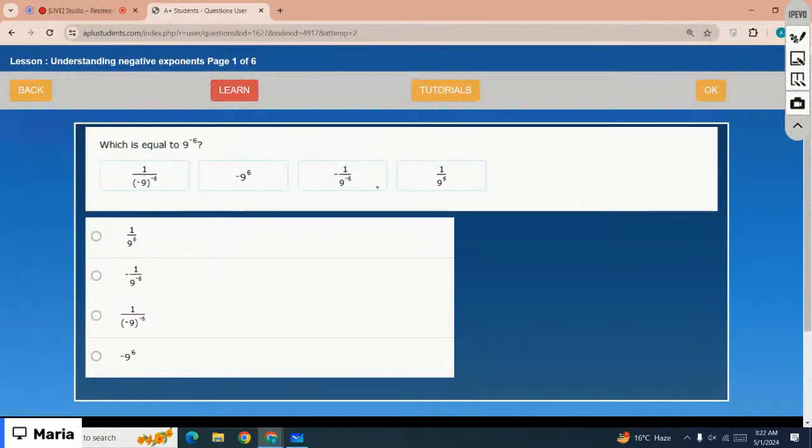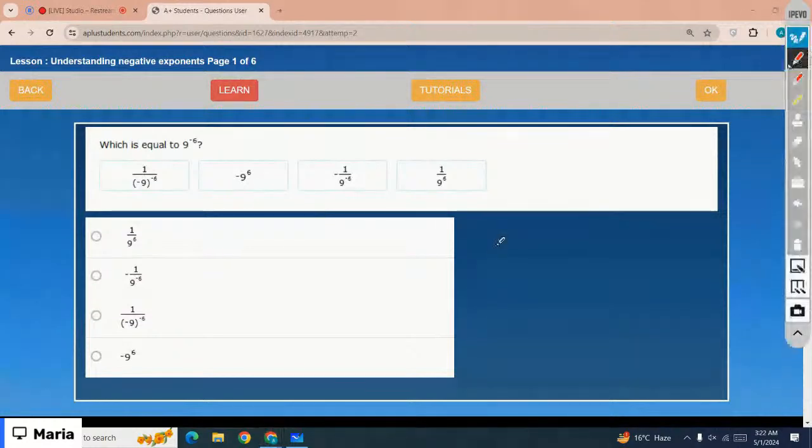Which is equal to 9 exponent negative 6? Which is the correct option? You have the exponent negative. You can make the exponent positive by just writing it in the denominator. That would be 1 over 9 exponent 6.